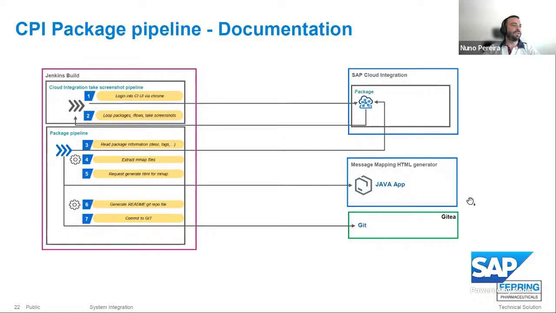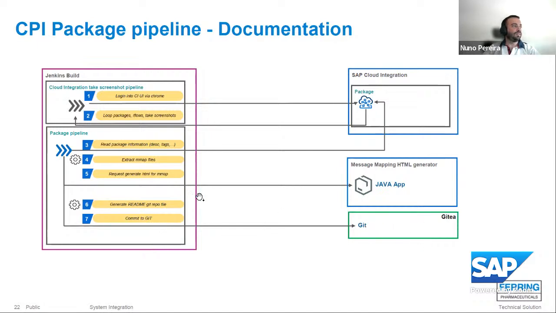We make use of a Java application that parses the message mapping file and generates an HTML with syntax highlighting and indentation. This is also covered on the blog. And in the end, we also generate a README markdown file for the Git repo that we are checking, and we commit that into Git.